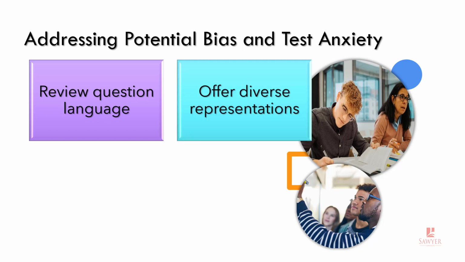We want to offer diverse representations. All that means is if while you're writing a test and you're going over your question types with the students, you find that a student is having difficulty answering particular question types, let's say that they're really bad at matching, but they're better at answering questions through multiple choice or short answer or fill in the blank or something like that, well, then consider not using matching in your test, because remember, the question is not the test.